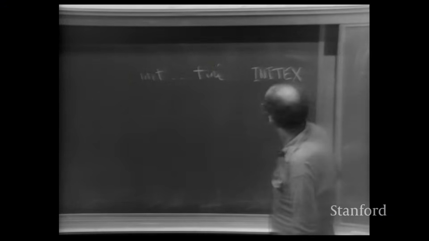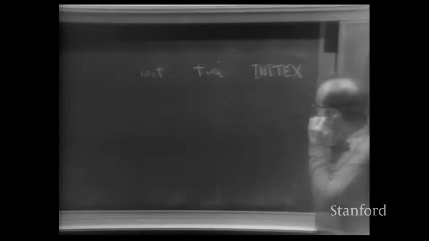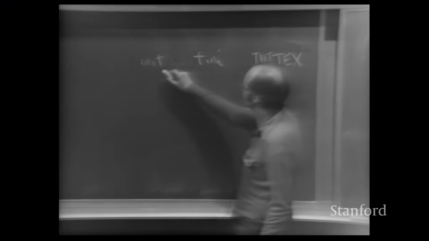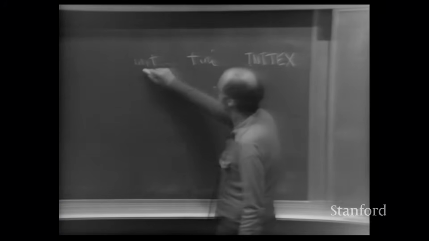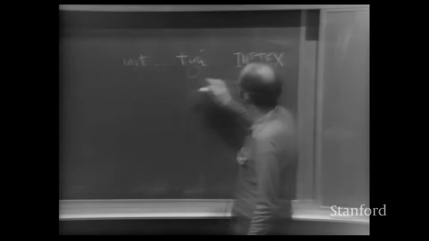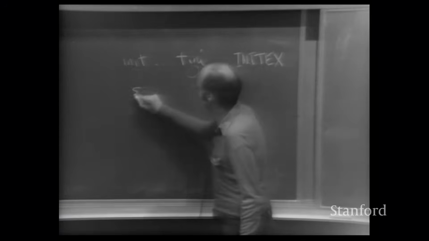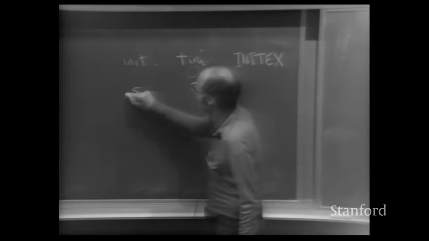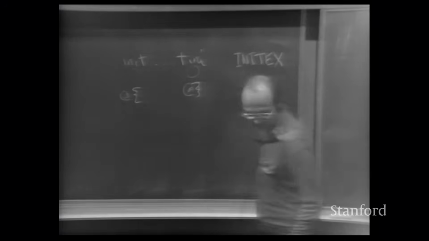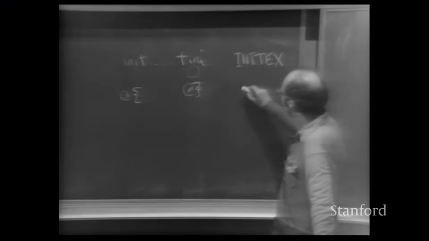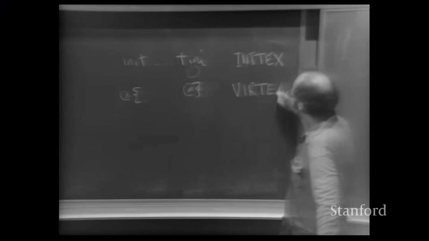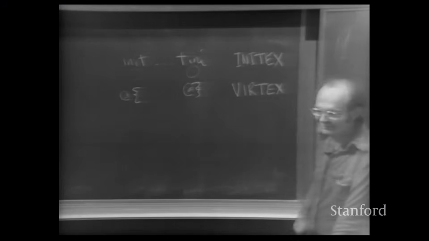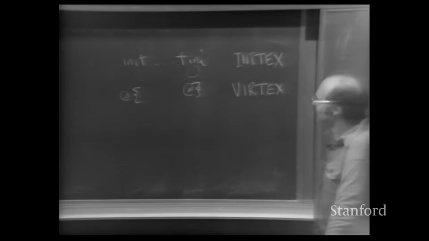If these are both null, then you get anyTeX. If these are brackets, and in order to get it to come out in WEB you put an escape character in front of it to get the brackets, then you get a program that's called virtex, or virgin TeX.